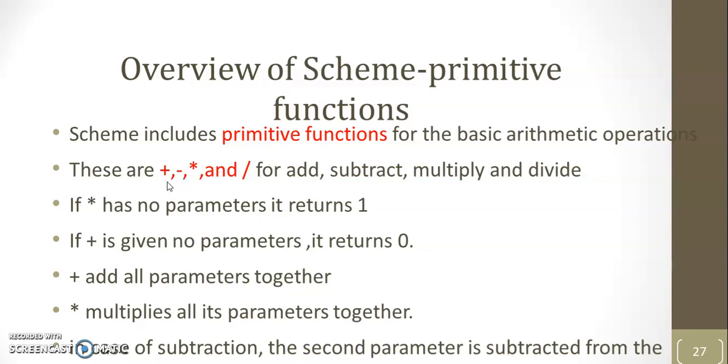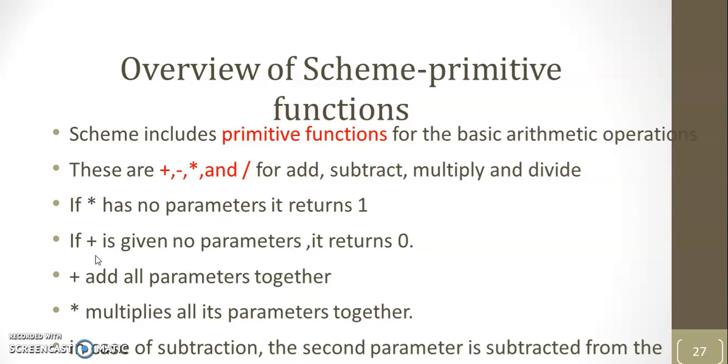The basic arithmetic operations use plus, minus, star and slash, as you all know, for add, subtract, multiply and divide. If star is given as a function with no parameters, it will return the value 1.